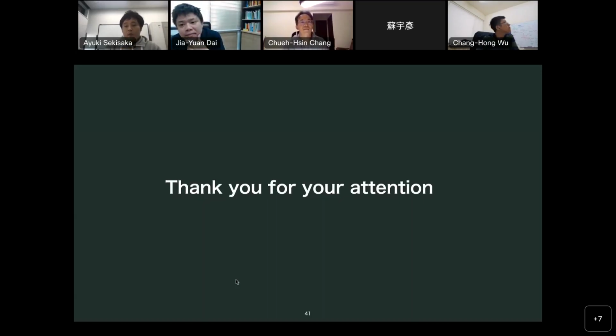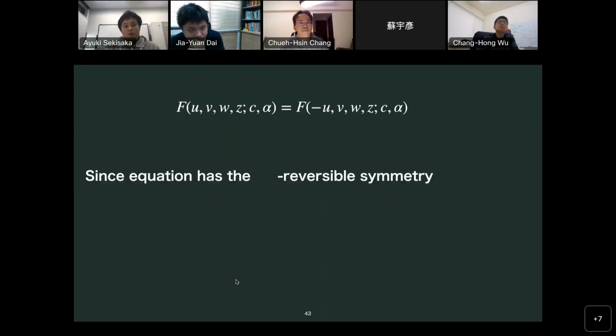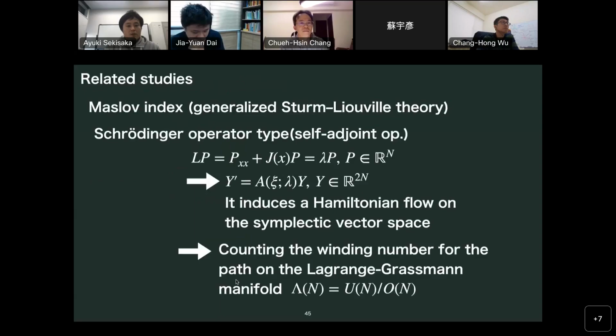One motivation is that it is a classical problem, Sturm-Liouville theory. In Sturm-Liouville theory, the number of eigenvalues corresponds to the zeros of the eigenfunction.